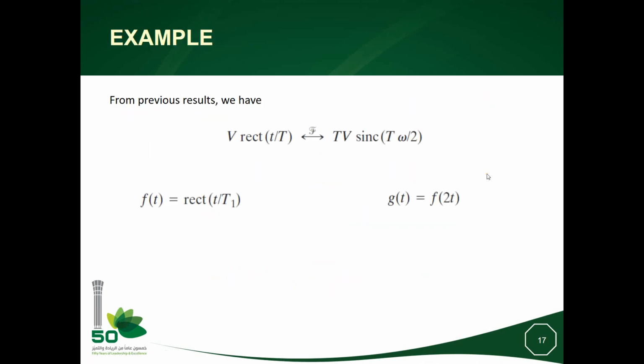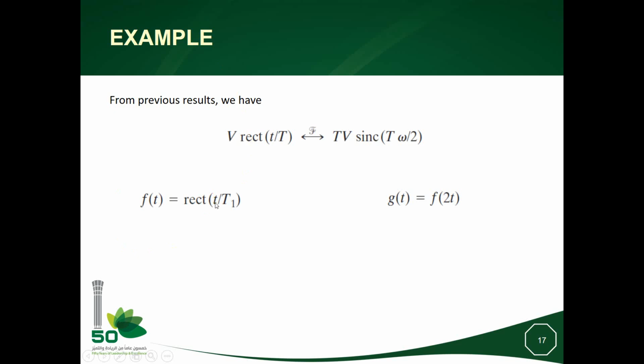As an example, we will take f(t) equal to the rect function of duration equal to T1. We know that the rect function is u of t plus T1 over 2 minus u of t minus T1 over 2.